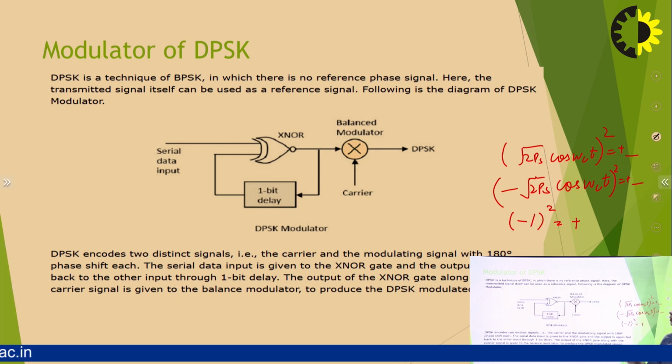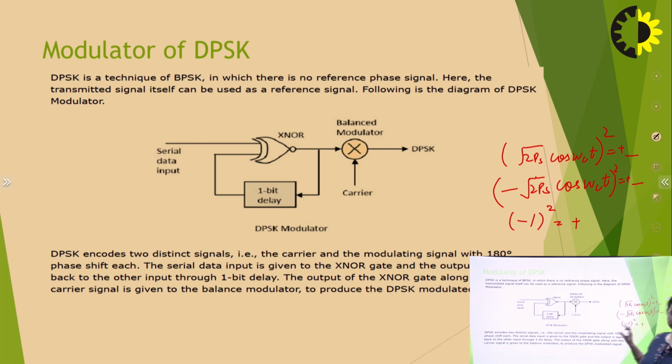To solve that problem, we analyzed a different technique, DPSK. DPSK is differential phase shift keying, and as the name says, we are using some difference. The actual data to be transmitted is delayed by 1 bit and provided to an XNOR gate, which helps provide the data in a synchronized way.